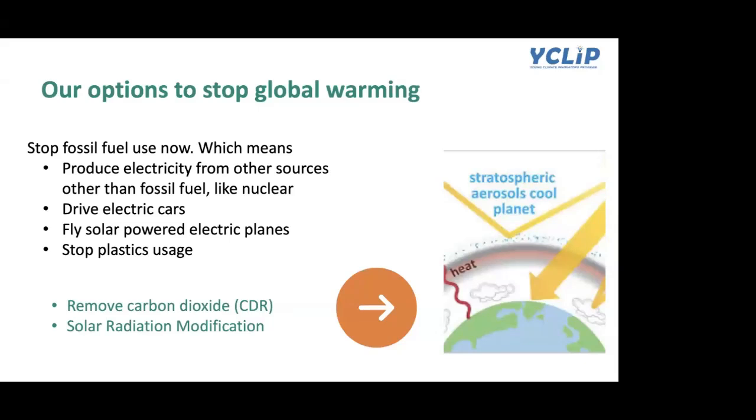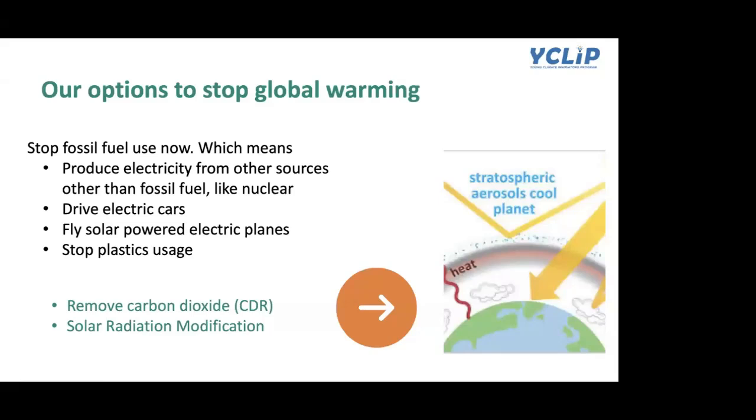Or we do solar radiation modification. The picture here shows that we can provide aerosols in the atmosphere or mirrors that can reflect the sun's energy back to space, so that the amount of the sun's energy that we get, which helps with the warming of the earth, will reduce, so that we can keep the earth cooler than it is now.